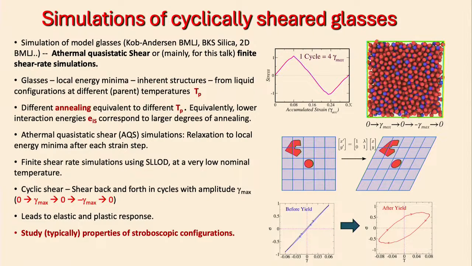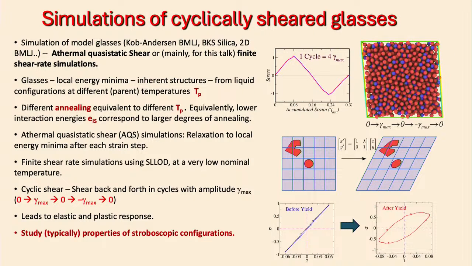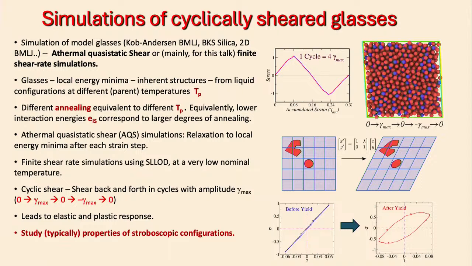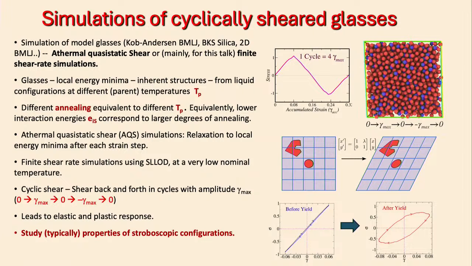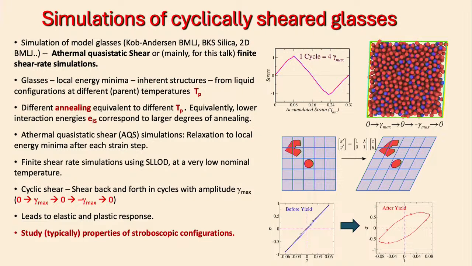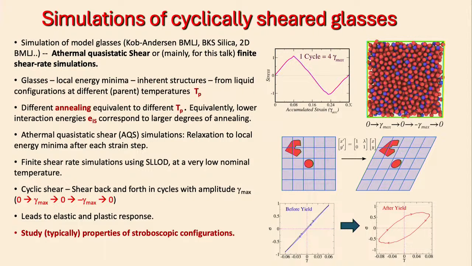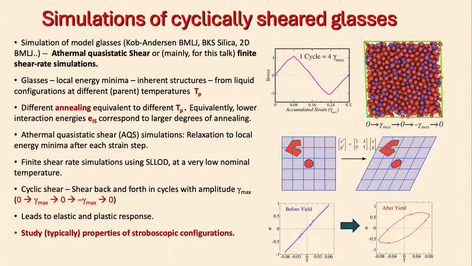We take local energy minimum configurations which are obtained by subjecting equilibrated liquid configurations at a temperature called the parent temperature instantaneously to minimization. So you have energy minimum configurations, but because of the initial liquid configuration and at what temperature it was equilibrated, for each parent temperature, the glass that you generate this way exhibits a different degree of annealing, right?